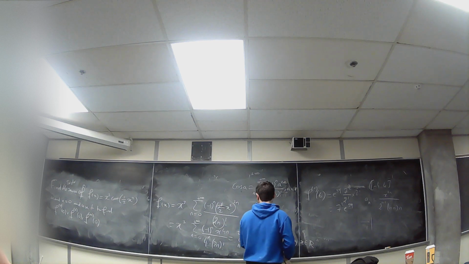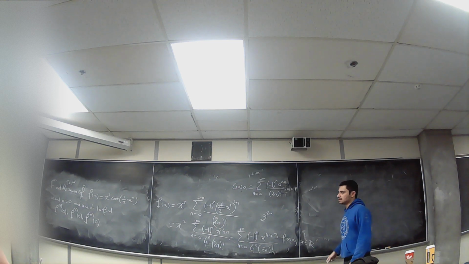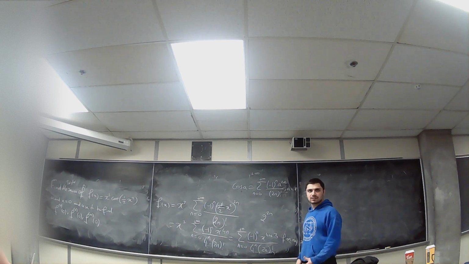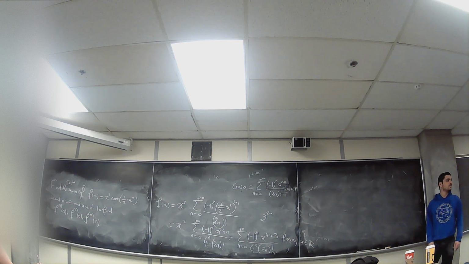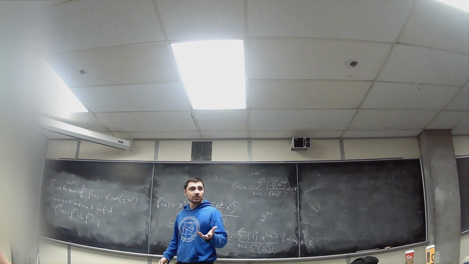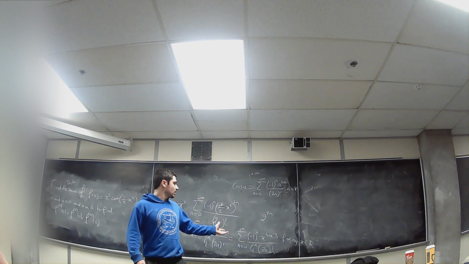Okay, now what do I need to find? I need to find f^(17), f^(18), and f^(19), the 17th, 18th, and 19th derivative of f at 0. Great. Now, the 18th derivative. Where do I look? 4n plus 3 is equal to 18, so I look at the coefficient of x to the 18th.